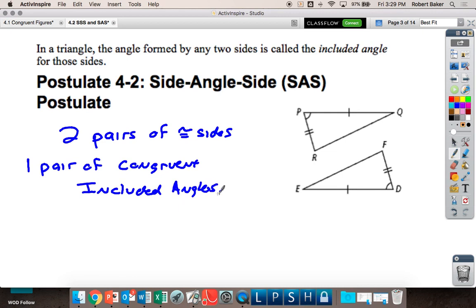Two pairs of congruent sides, 1 pair of included angles. 1 pair of congruent included angles. That word included is huge. What does it mean by included?